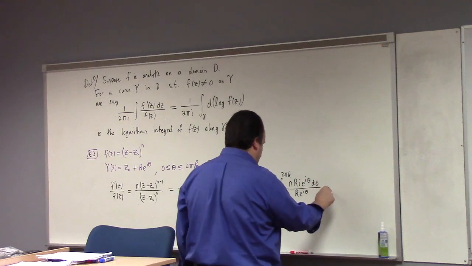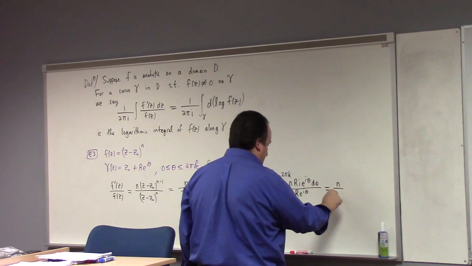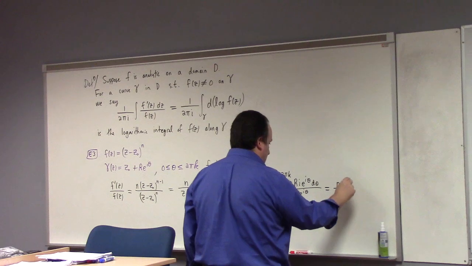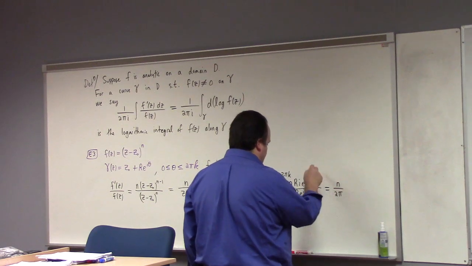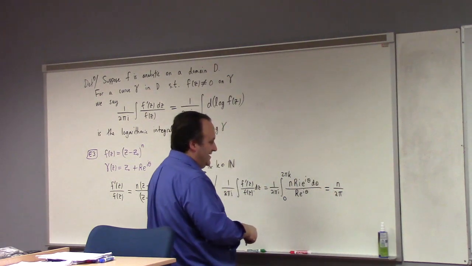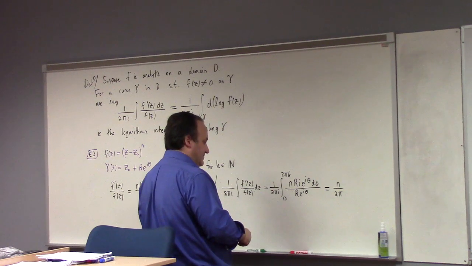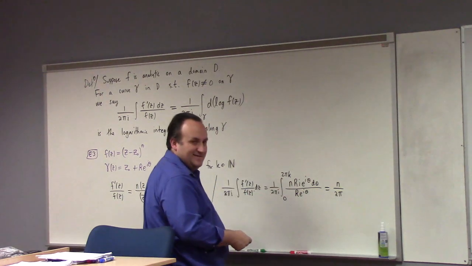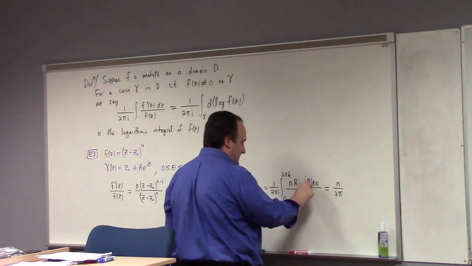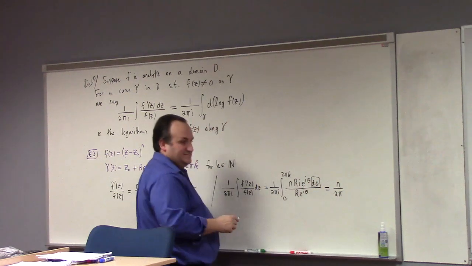So the i's cancel, the r's cancel, and we've got ourselves n over 2 pi. The e to the i thetas cancel, right? What's left? Just the d theta, right? The only thing left in here is d theta. See that?